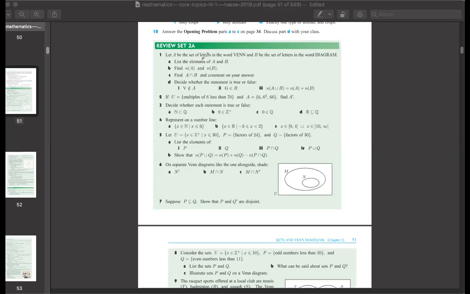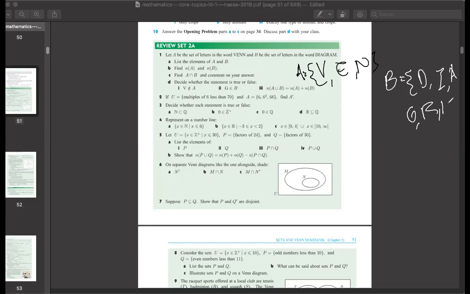Okay, so the thing here is that this is a set of letters, so I'm assuming that if there are two of the same letter, you just count it as one in the set. So A would be VN, but then B would be DIAGRM.